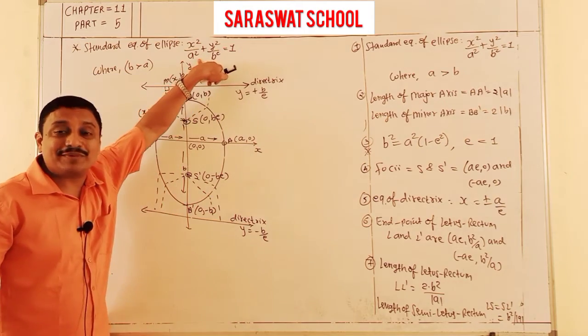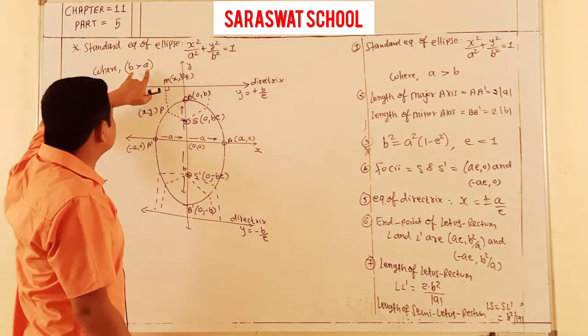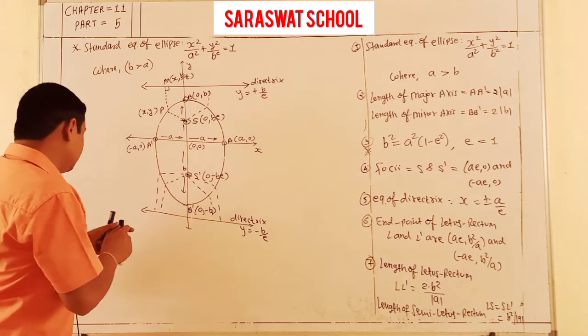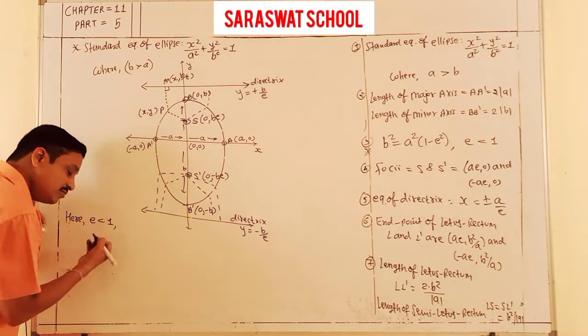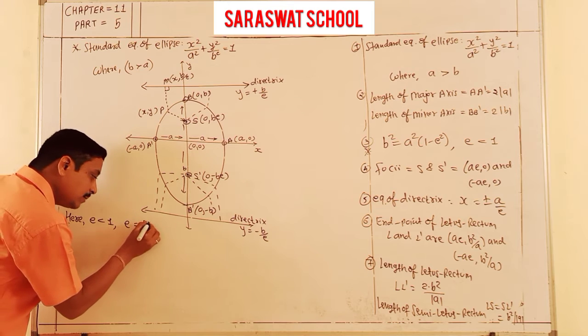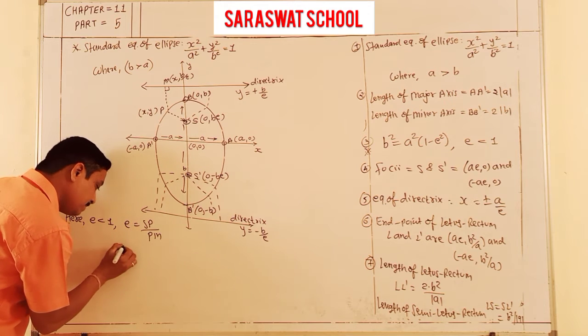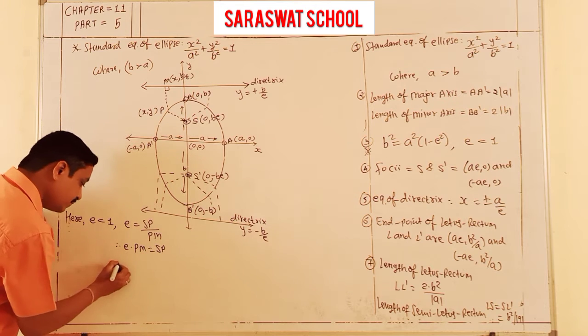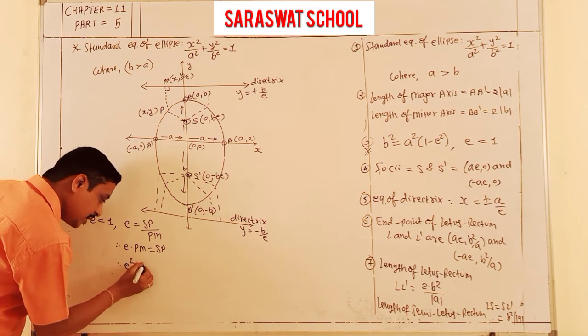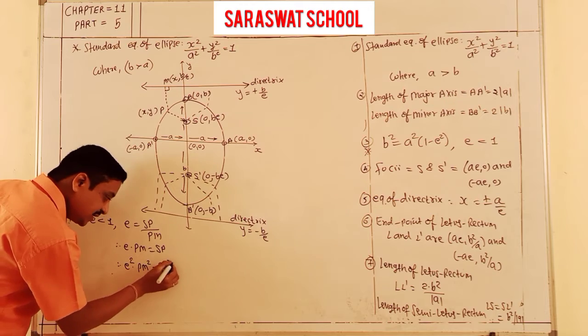X square by a square plus y square by b square is equal to 1, but the case is what? B more than a. So here e is less than 1 for sure, and e is equal to SP by PM. So e into PM is SP. So e square PM square is called SP square.